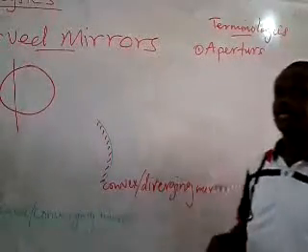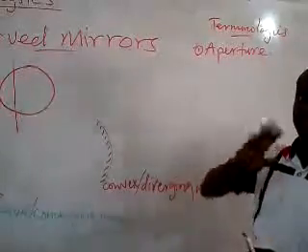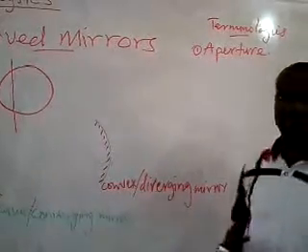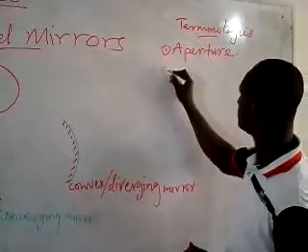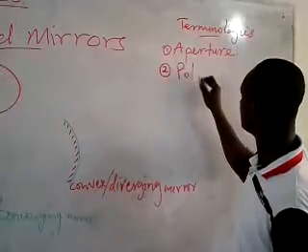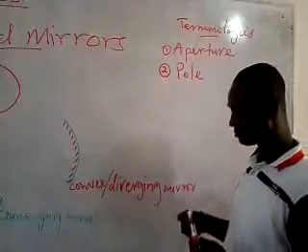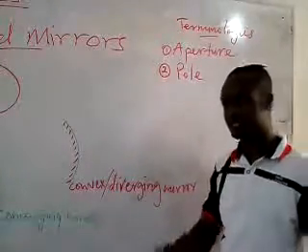The aperture is the width of the mirror. The width, or let's see, the surface of the curved mirror is called aperture. 2. Let's also talk about pole. The pole is the center of the mirror.